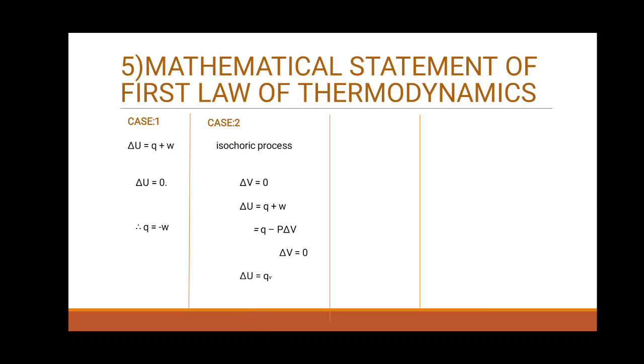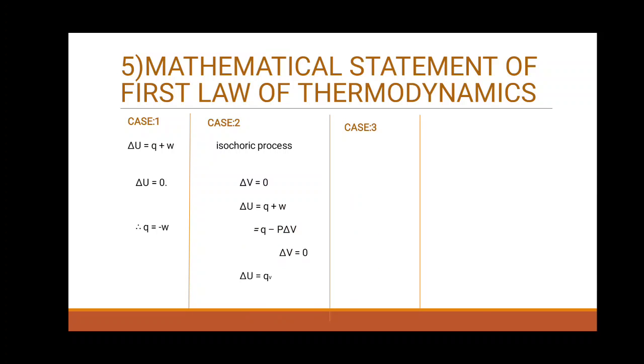Now regarding the first law, del U equal to Q plus W. W means the pressure volume work, final expression W equal to minus P del V. Just substitute. So we got the change in volume equal to 0. So del U equal to QV. And suffix V is given in Q. What is the meaning? Constant volume.